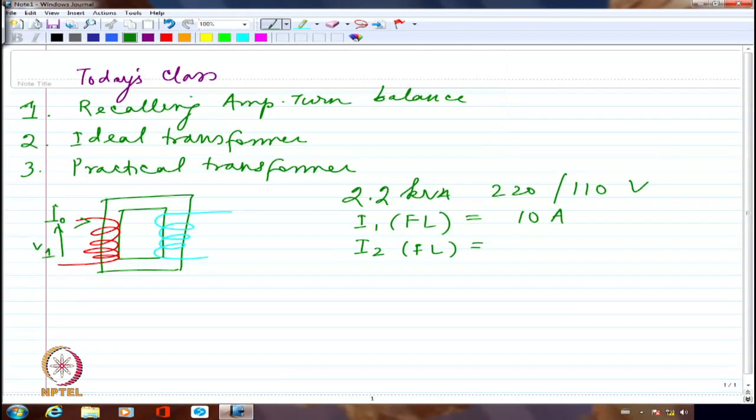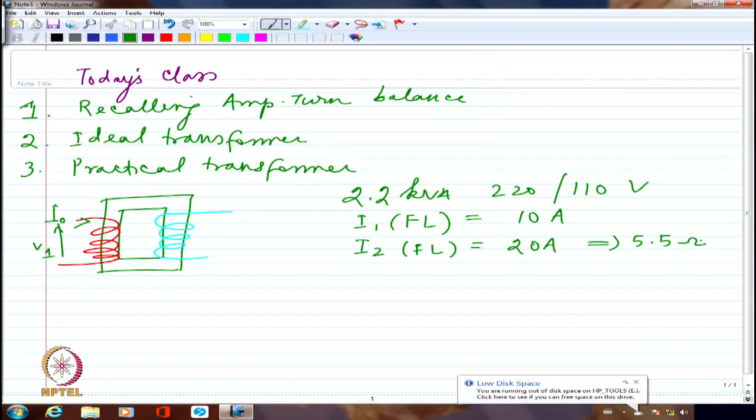So I should be connecting a load of 5.5 ohms on the secondary side. 110 divided by 5.5 will give me 20 amperes of current.